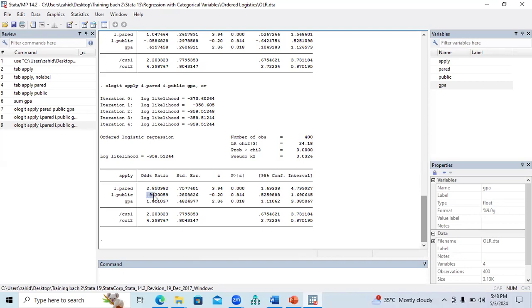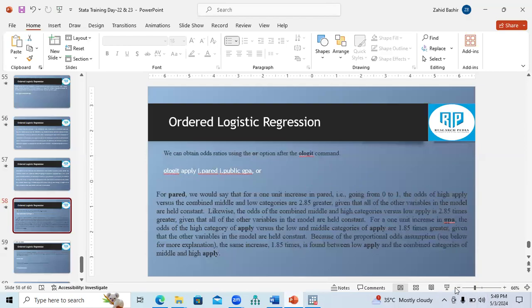And this is a 94% chance, approximately double the chance, based on the GPA. So your GPA and your parent education will increase the chances of acceptance in the higher category of a particular institution as a part of the application procedure.